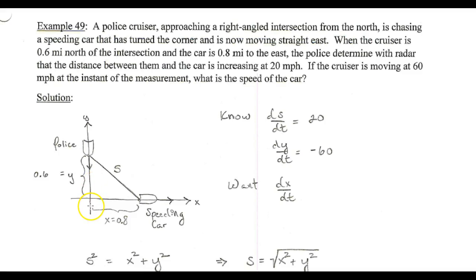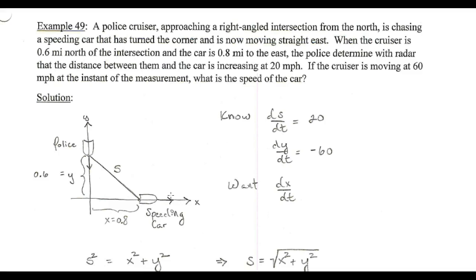All right? And then we have a speeding car that is running away from the intersection. So here's the speeding car, going away from the intersection. I'm going to call the distance from the intersection, the origin, to the speeding car x. I know that dx/dt, the rate of change for that speeding car, would be positive since it's increasing.